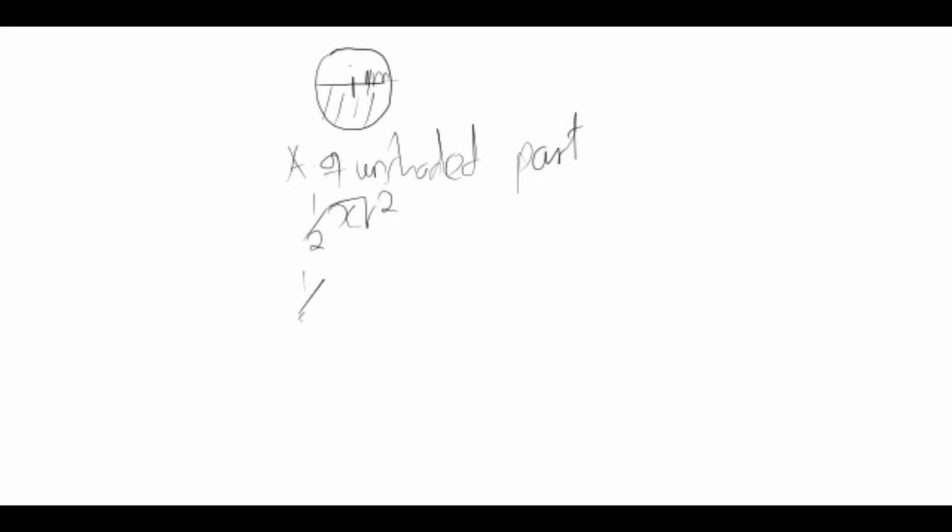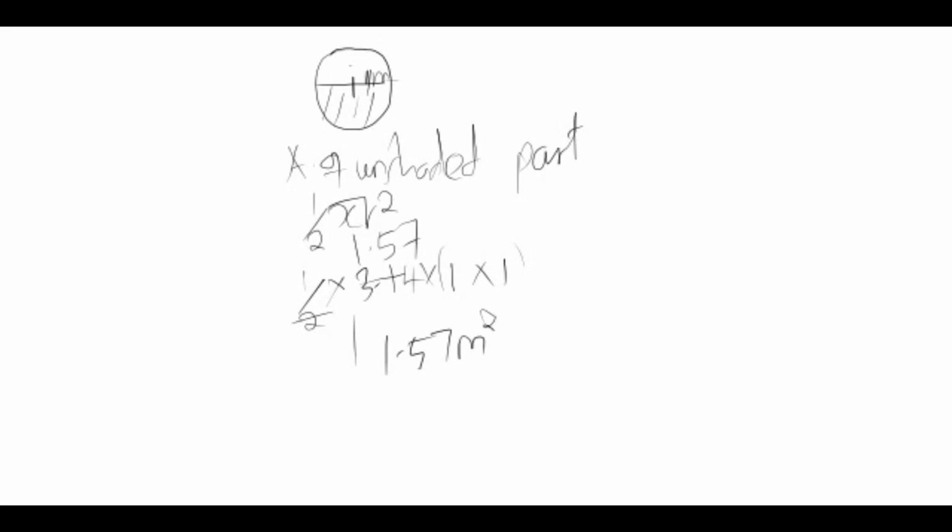So we have a half multiplied by 3.14 multiplied by r squared, which is 1. 3.14 times 1 is still 3.14, divided by 2 is 1.57. So the area of the unshaded part is 1.57 meters squared.